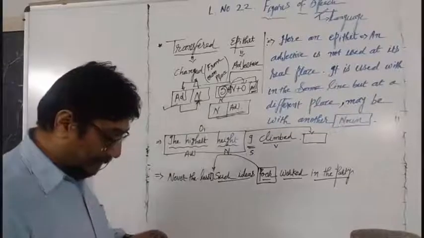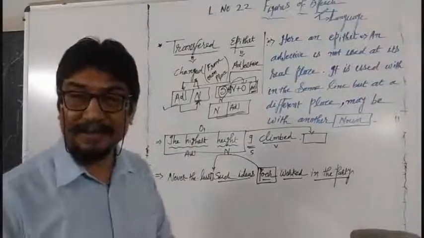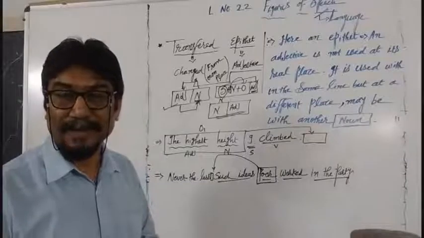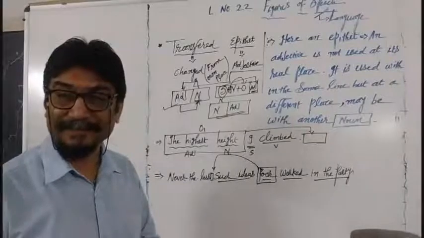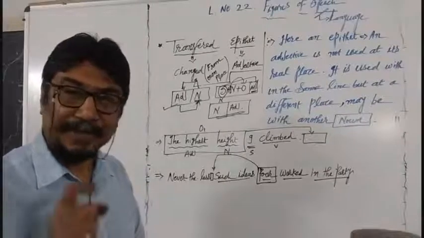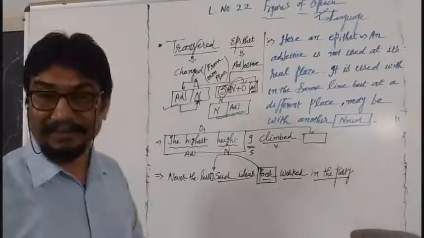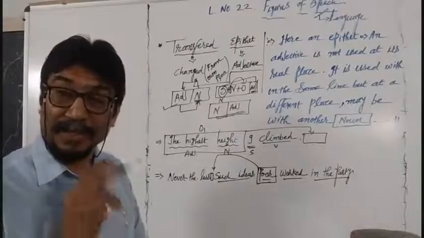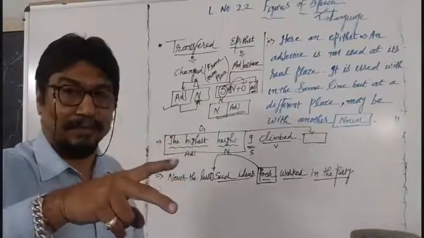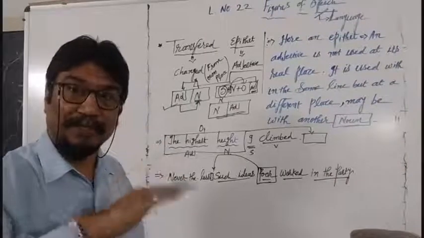Now you will have a question in your mind: why is this transferred epithet made in the language? Why is it so? Keep it in your mind. When you want to concentrate not on the subject, not on the verb, not on the object, but on the adjective, at that time you give preference to the adjective and change its place.